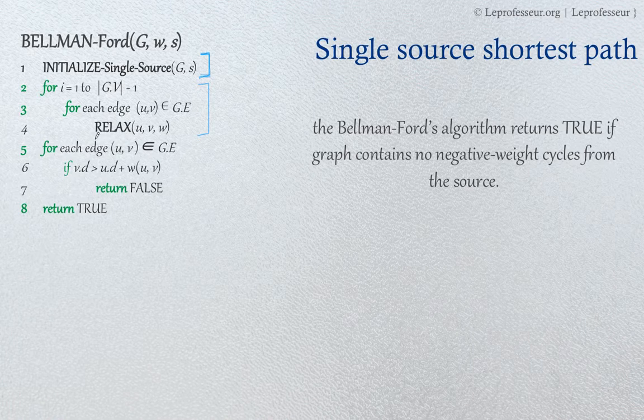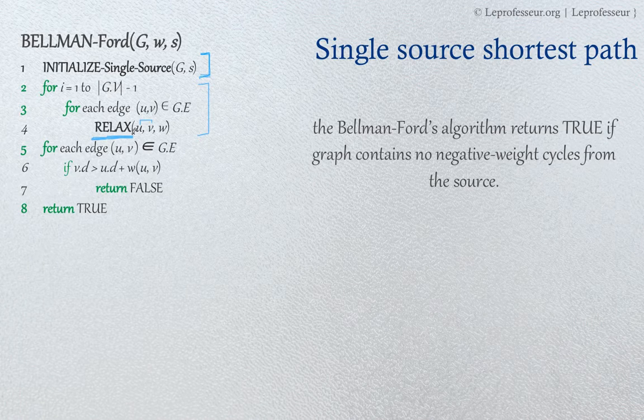Now the relaxation procedure is another subroutine and something new, where it relaxes the edges in the graph. The idea here is that to relax the edge means that if we find some other route from u to v which has lower cost, then we change the parent of v to the new parent u.